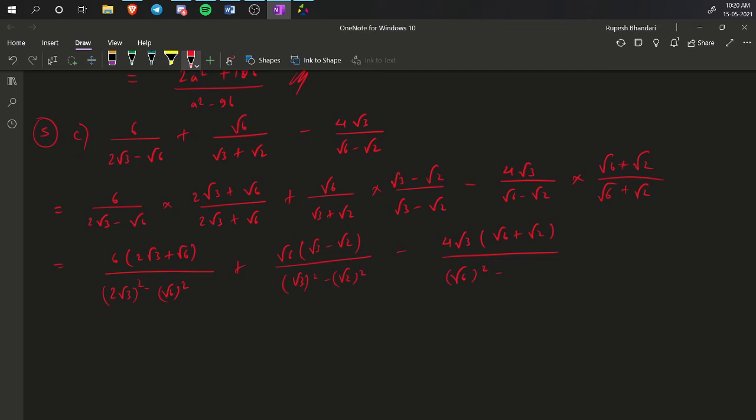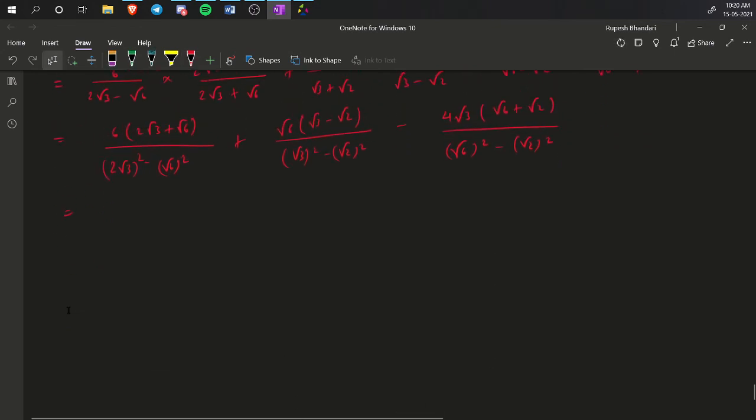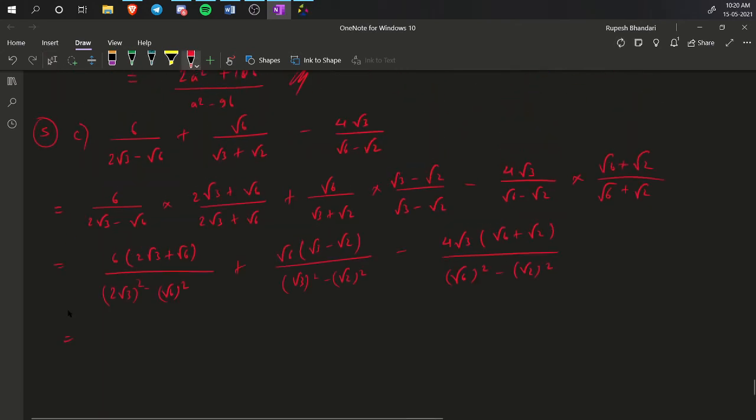Under root 6 square minus under root 2 square equals to... alright, so next thing that we need to do is just multiply this thing. What the hell?